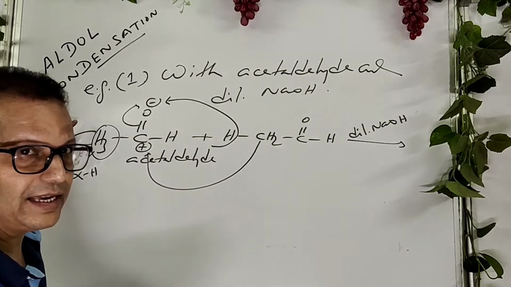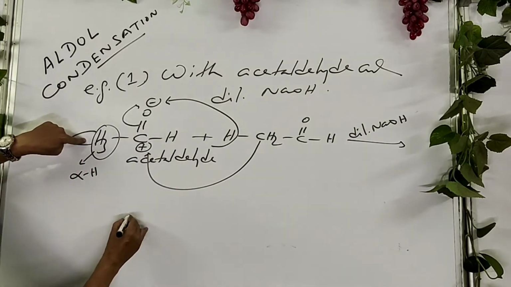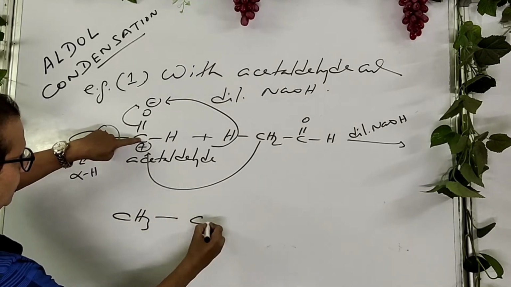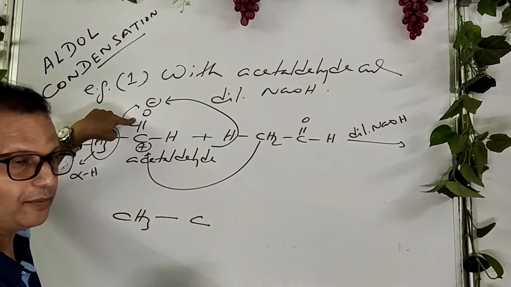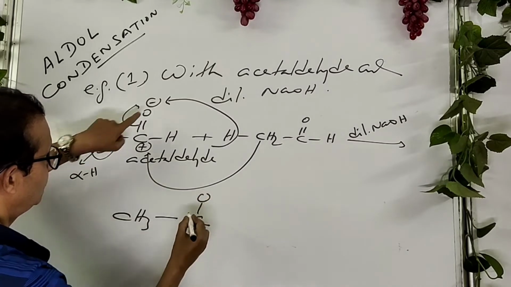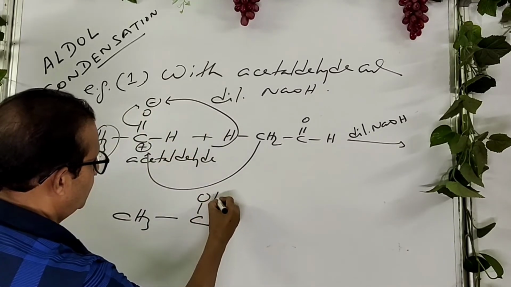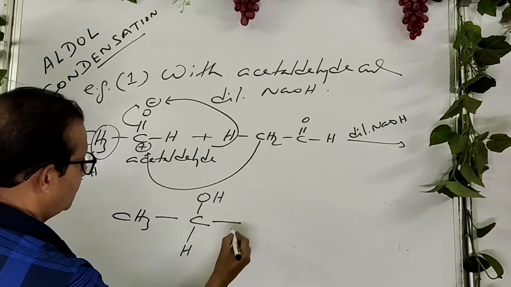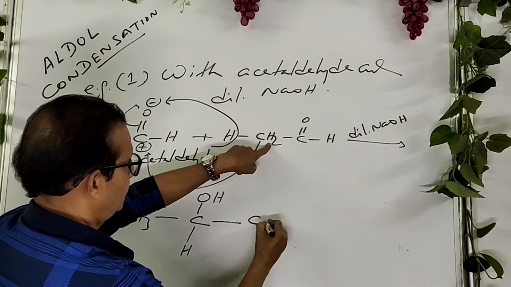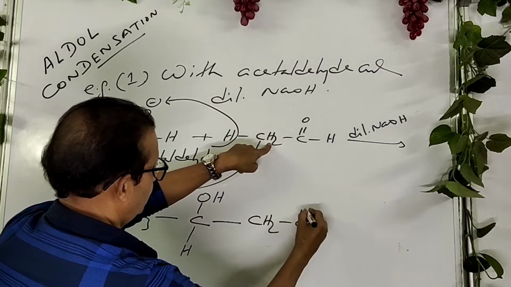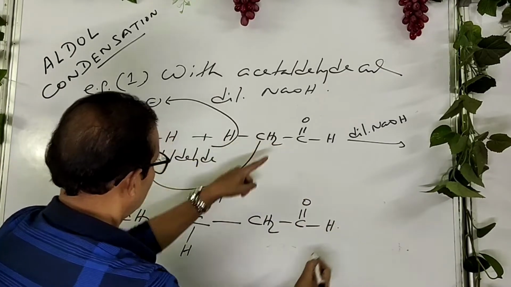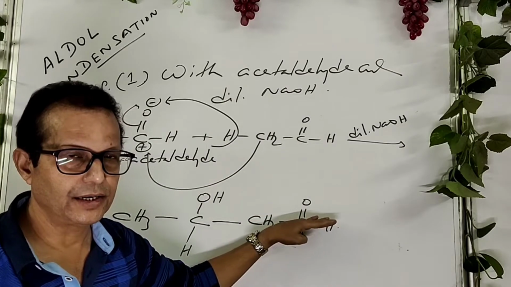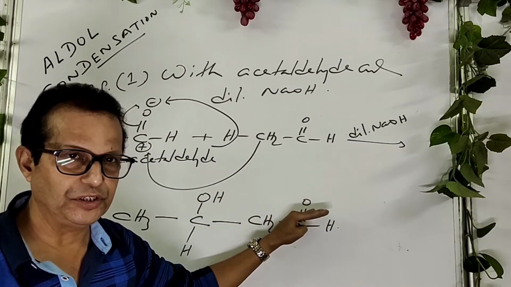So the product is: the double bond changes to single bond. Write it straight away, okay, so that you can write its IUPAC name easily.